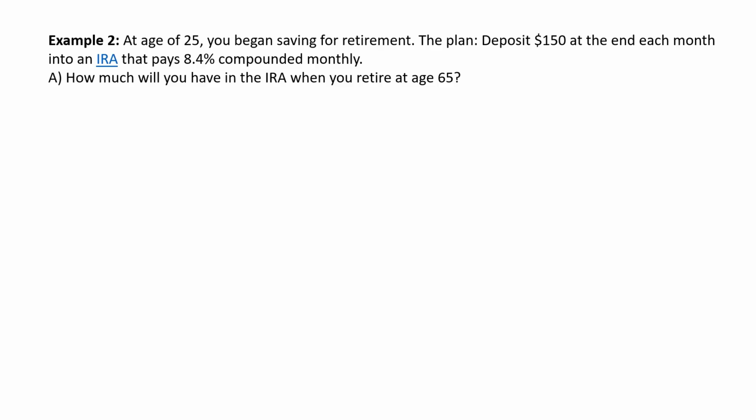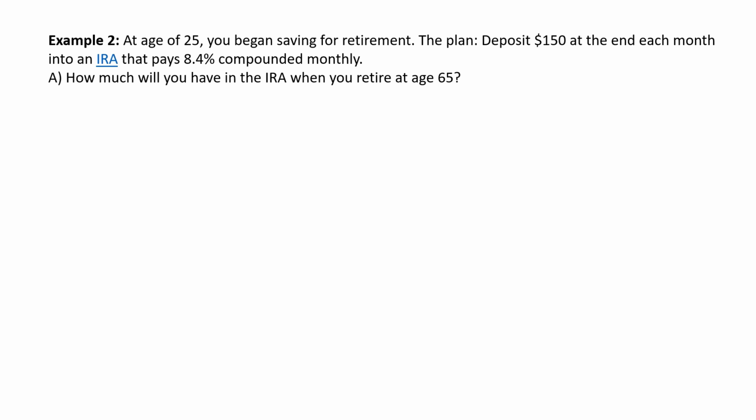Example: at age 25, you began planning for retirement. The plan: deposit $150 at the end of each month into an IRA, that stands for Individual Retirement Account, that pays 8.4% compounded monthly.